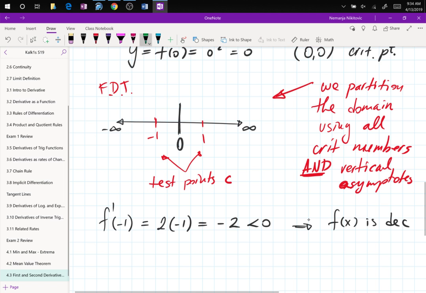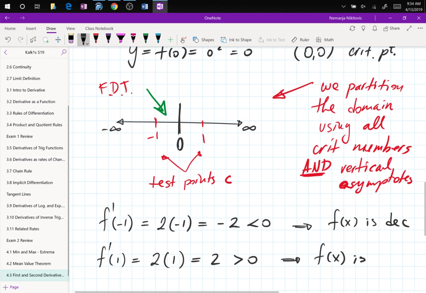Then you go back and calculate the second test point. That's 2 times 1, which is 2, bigger than 0. And from our calculation, f of x is increasing, exactly. So that's going to be green, and it's going to go up.